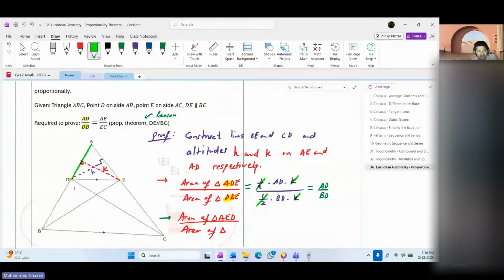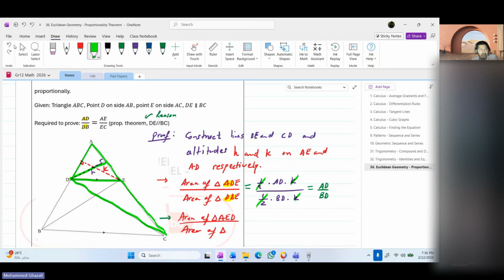It's so easy, guys, to do the proof. That's why I did ratio of areas first. Sorry about the drawing. Now, what's your altitude for this triangle? The altitude is H.